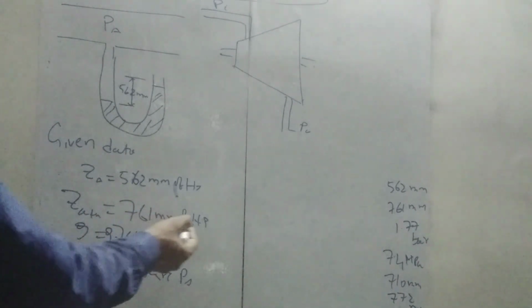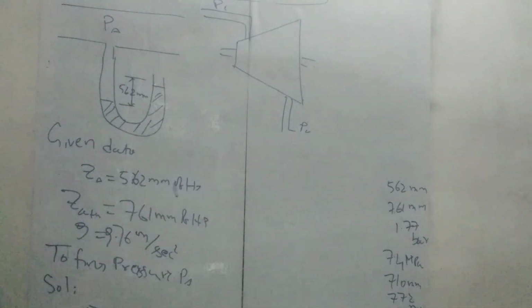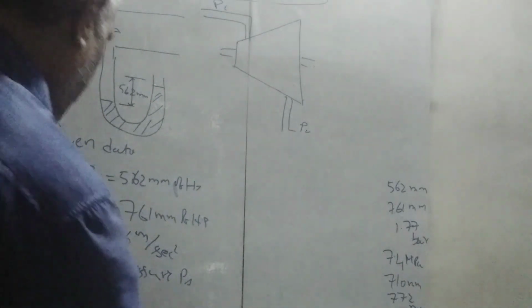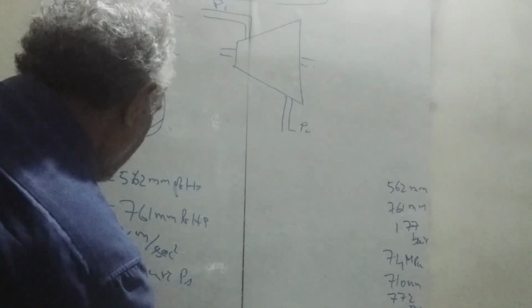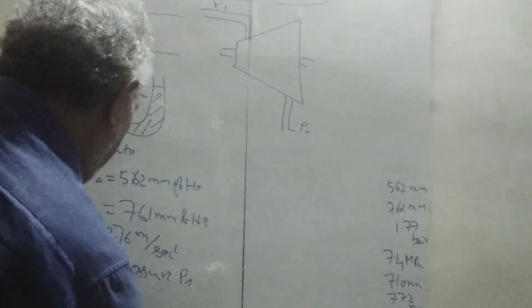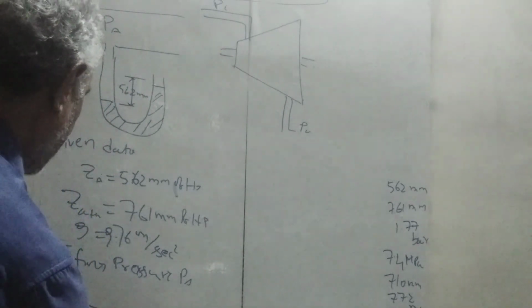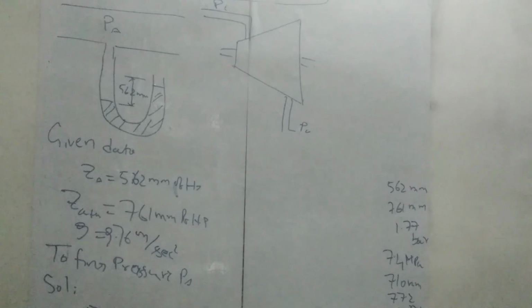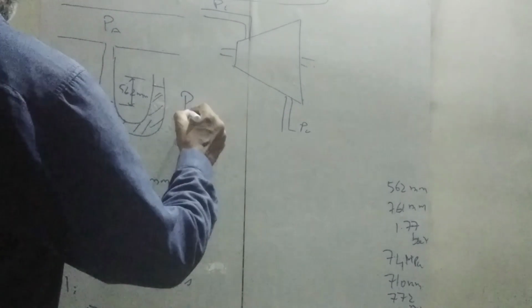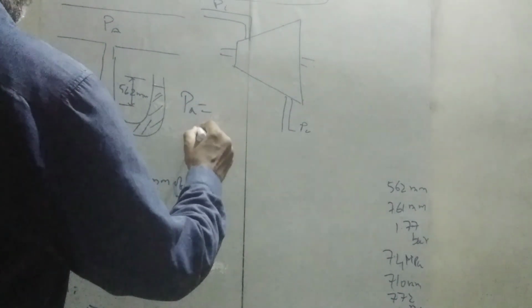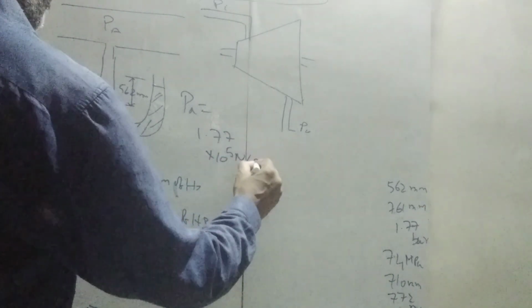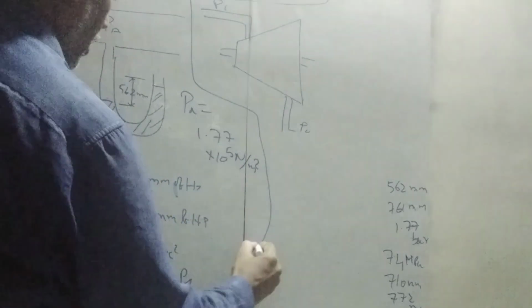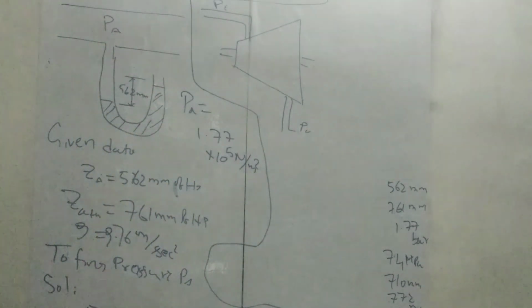One is 761 mm of Hg and another one is 562 mm of Hg, into 0.761 meters plus 0.562 meters multiplied by 9.76. So if you do this calculation, you will get the absolute pressure PA as 1.77 into 10 to the power of 5 Newton per meter square. This is one problem which I would like to discuss and have discussed.